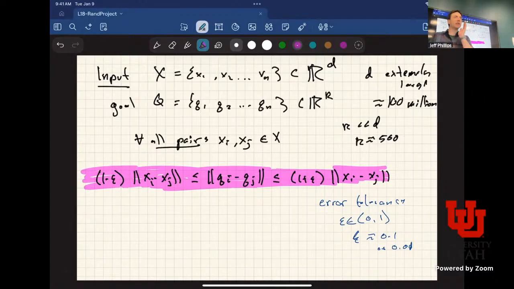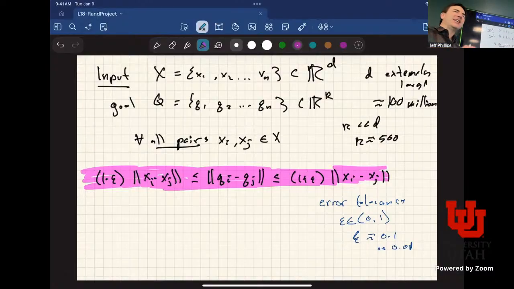Because if I ran something like a nearest neighbor search algorithm or a clustering algorithm after I did this form of dimensionality reduction, the cost function would still hold within this error tolerance epsilon, within 10% or within 1% of what I was actually doing before. But now I've reduced the dimensionality a lot, right?